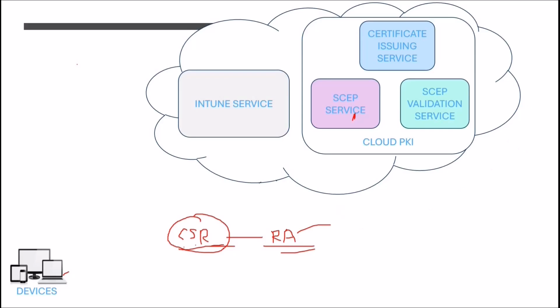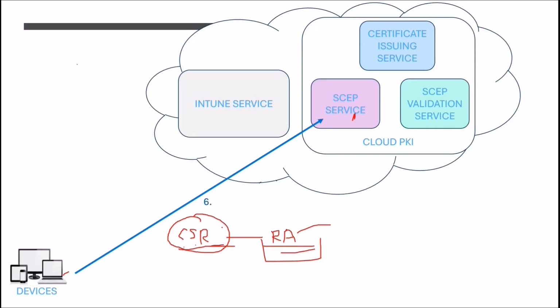So the device encrypted the CSR using the RA certificate which it got in the previous step, and then sent this CSR to the SCEP service so that the SCEP service can decrypt it. Now, in step 6, you see over here that the device has sent the CSR. Now, what does this CSR contain again?